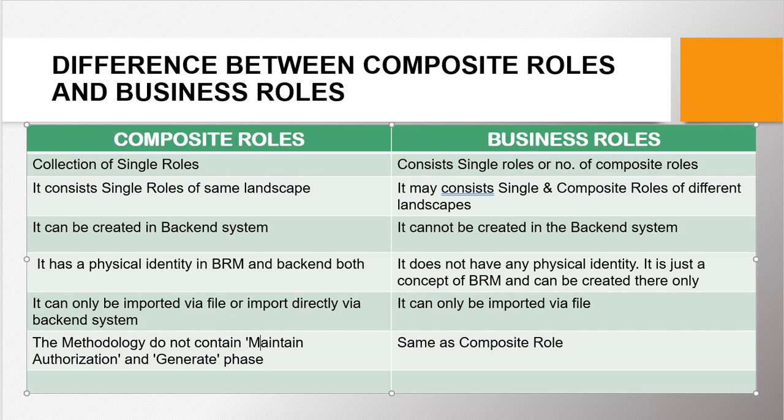It cannot be created in the backend plugin systems. Now, a composite role can be imported via file or imported directly via the backend system, whereas a business role can be imported into BRM only via a file.